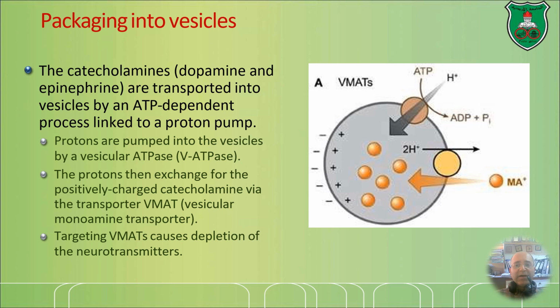Now, regarding the packaging of these neurotransmitters, the catecholamines, especially dopamine and epinephrine, inside vesicles, these are transported inside vesicles via an ATP dependent process that requires also the efflux of protons from the vesicles themselves.